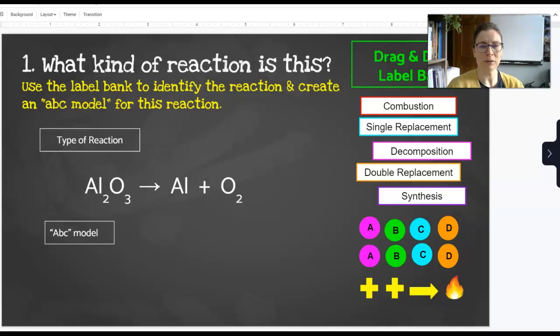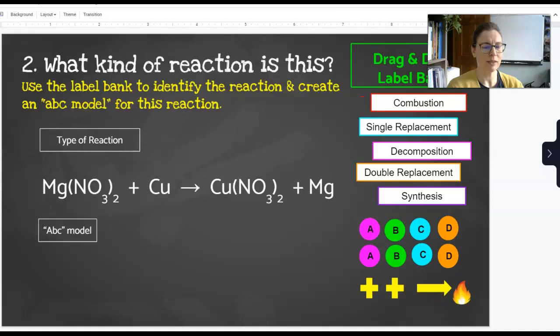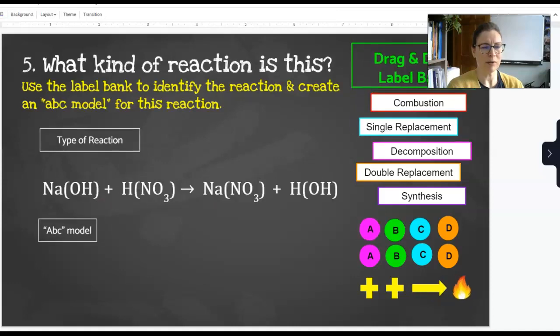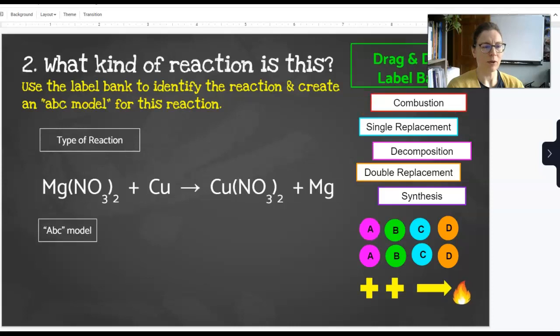You'll do these similarly to how we did examples A, B, and C. You'll drag letters over to create an ABC model, and you will decide which kind of chemical reaction has occurred and drag that over here. You have 5 of these to do, and at the end of class, I'll hop into your breakout rooms and let you know if you did them correctly or not.